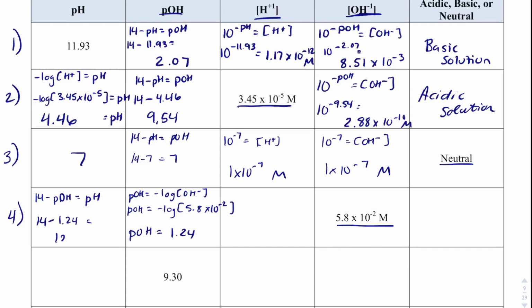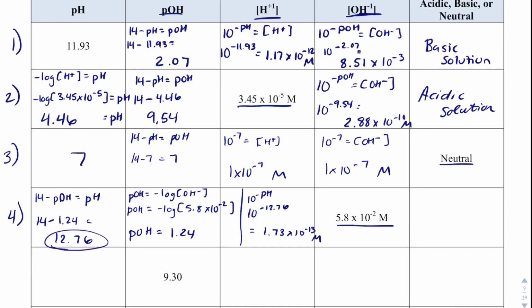And I get 12.76. And if you are wondering, pH and POH do not have any units. To get H plus, I'm going to take 10 to the minus pH. So that'll be 10 to the minus 12.76. And again, I expect a small number. I get 1.73 times 10 to the minus 13 molar.